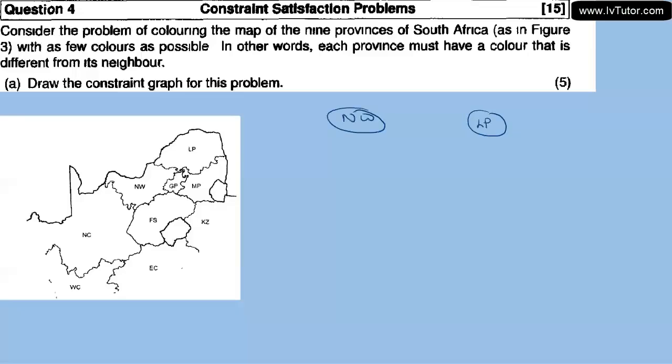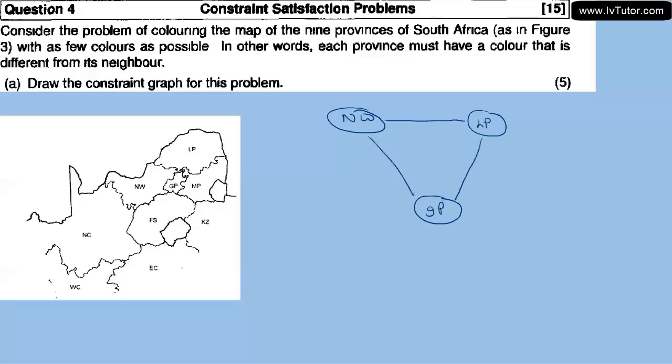It's a representation of this map, but showing exactly where the constraints lie. If 2 provinces have a line connecting them, it means they have a constraint between them. Gauteng is central, so we put it here.